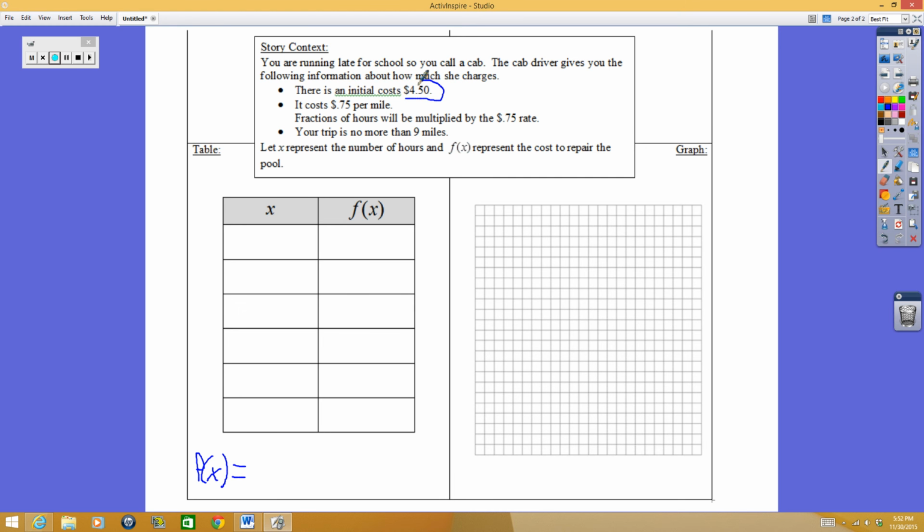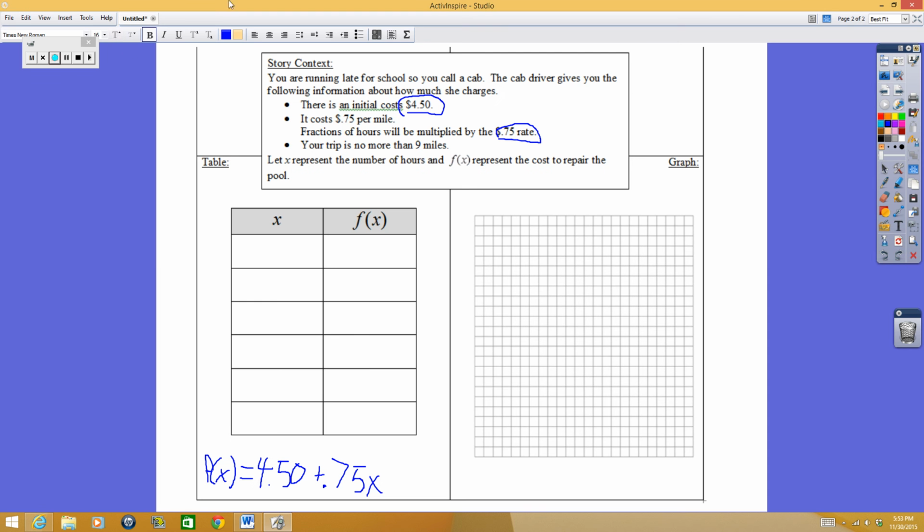We said this is at the beginning, so it'll be 4.50, plus they're going to keep adding this 75-cent rate. Don't forget that decimal. 75 cents.